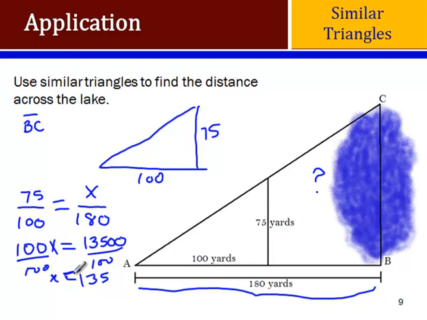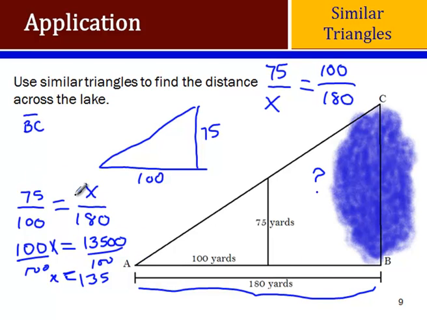Now let me show you that I could have set that up a different way and gotten the same answer. 75, that's the vertical side of the small triangle, is to our unknown, the vertical side of the large triangle, as the bottom side or the base side, 100 of the small triangle, is to 180, the base side of the large triangle.